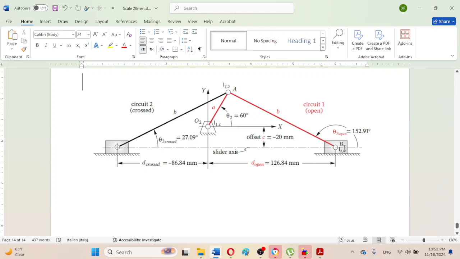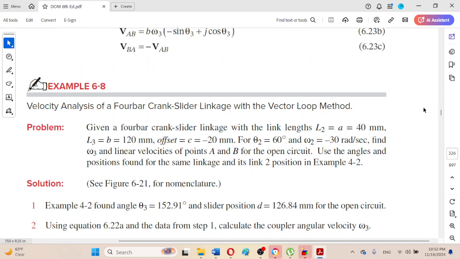As the author has mentioned in the book Design of Machinery, this slider B is actually equivalent to an infinitely long rocker link, which I can show here for your further study and as a reference.